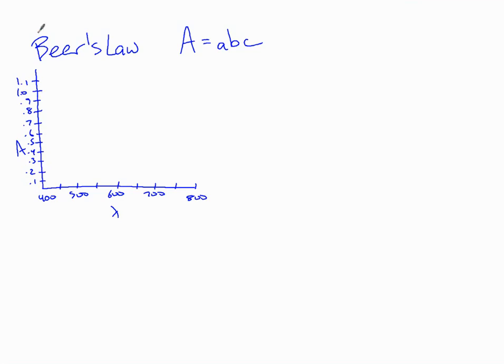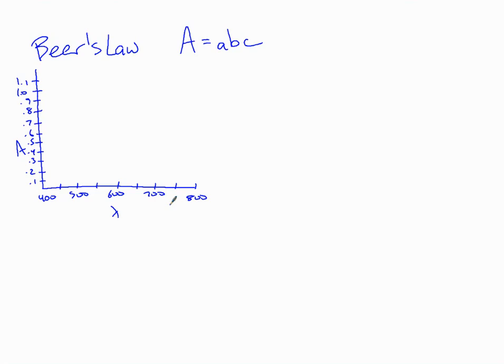And the numbers really could go on. This graph, the absorbance versus wavelength graph, will give us an idea of what wavelength is best for our experiment. So we've been using the same basic graph like this for the whole time.